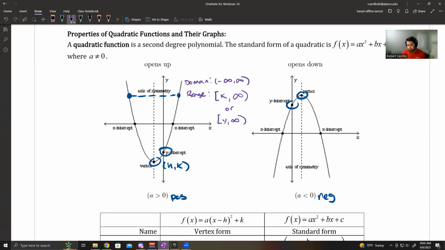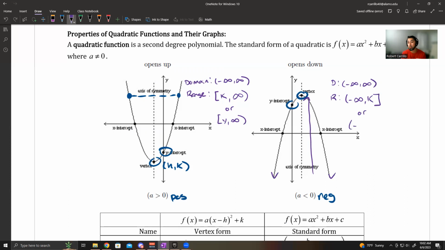Okay. If your parabola opens down, well, your domain is still the same. Your domain is still negative infinity to infinity, and your range is different now. So these tails are headed towards negative infinity. So our range will start at negative infinity, head up the y-axis and stop at the k value of our vertex, or the y value of our vertex.